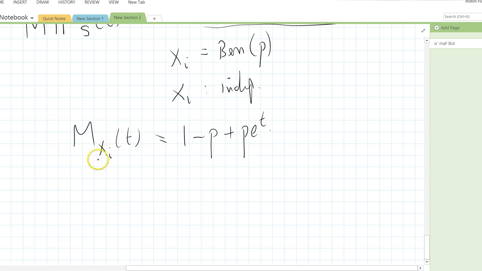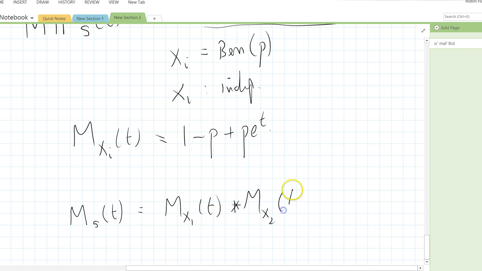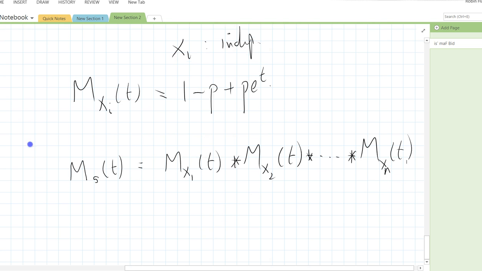Well, you can prove it if you like, but the moment generating function of S(t) equals M_X1(t) times M_X2(t) times all the way up to M_Xn(t). So the moment generating function of the sum, where S equals X1 plus X2 plus dot dot dot plus Xn. Super.